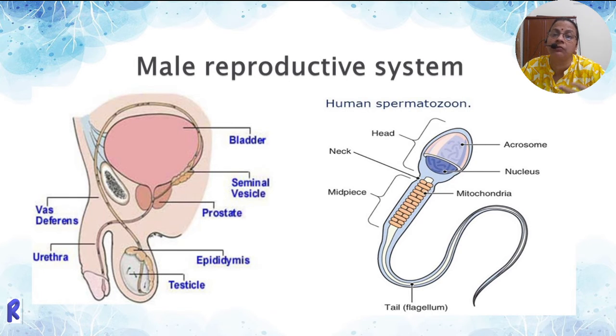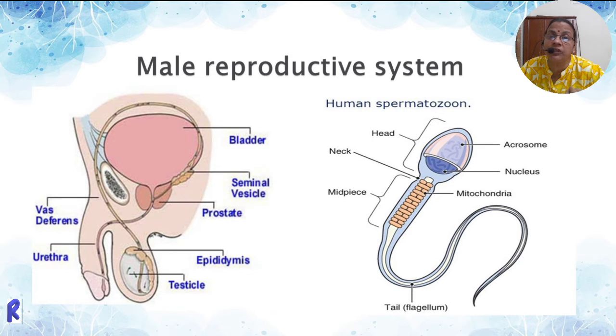Within the testes, they will keep on producing the sperms. The sperms will be temporarily stored in a tube called the epididymis. When the person is sexually excited, the sperms will pass through the vas deferens, then mix with the fluid secretion of the seminal vesicles, prostate, and Cowper's glands, and it will pass out through the penis.